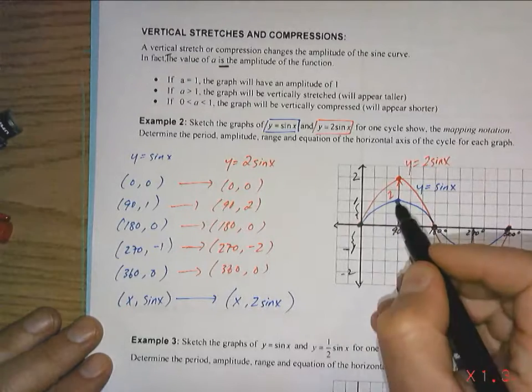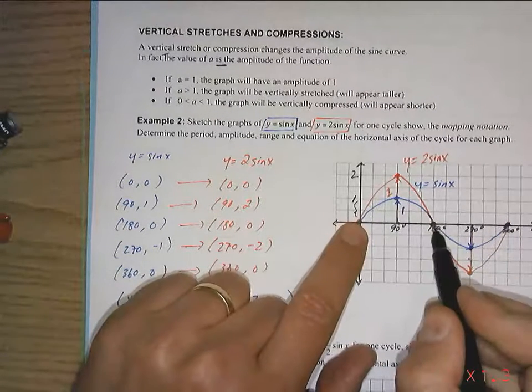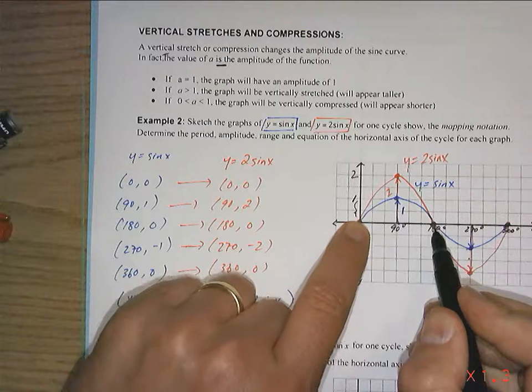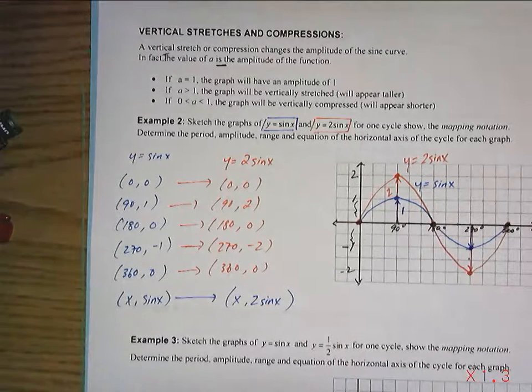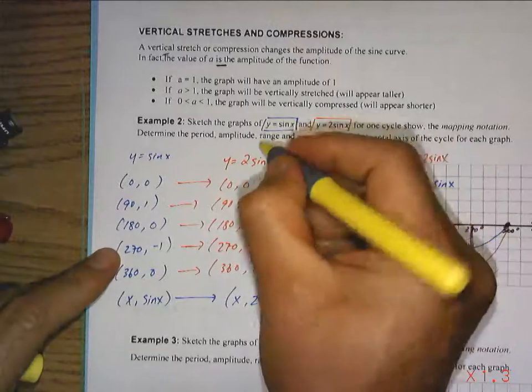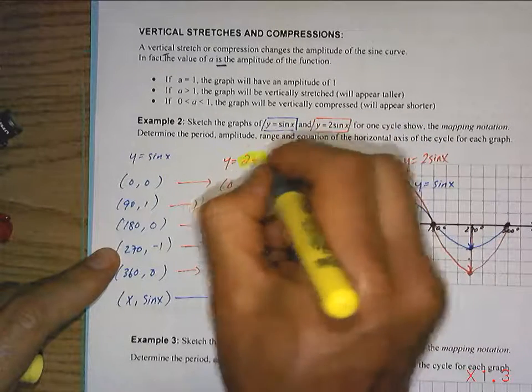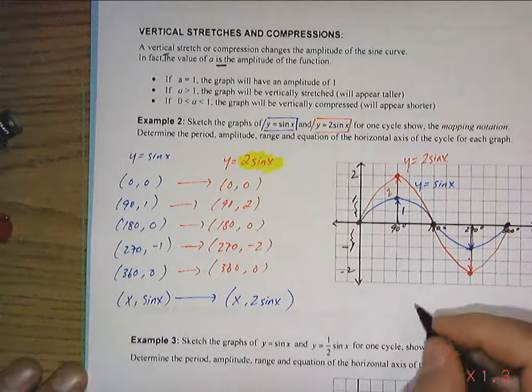And all of these others have been stretched. Now these ones didn't move because they're at 0. If you multiply 0 by a number, it doesn't go anywhere. So this is what's called a vertical stretch. And we call it a vertical stretch by a factor or a multiple of 2.